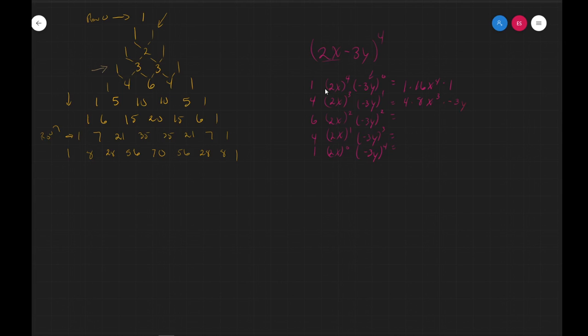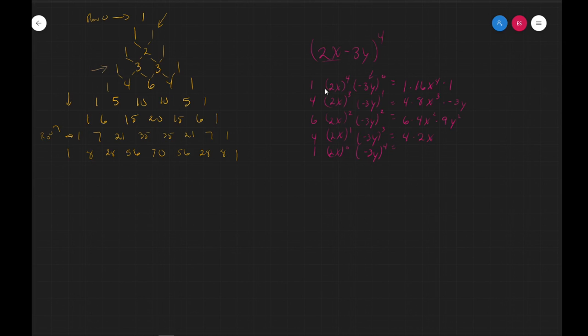Then 6 times 2 squared, so 2 squared is 4, x squared. Negative 3 times negative 3 is positive 9y squared. And then we have 4 times 2 to the 1st, which is 2x.